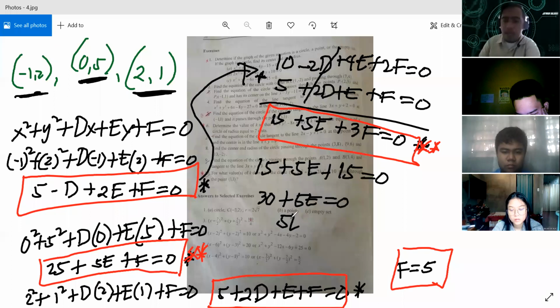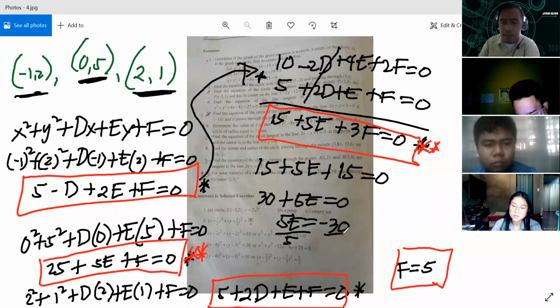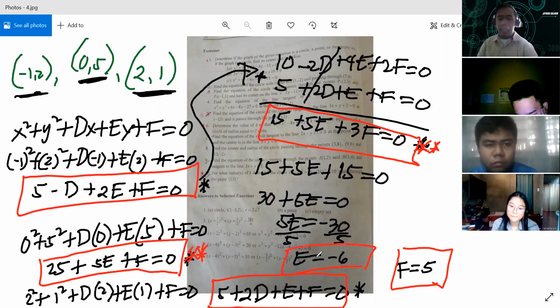So 5e is equal to the negative of 30, right? Then you divide both sides by 5, so your e is equal to the negative of 6. Clear? So you already have your E and F.